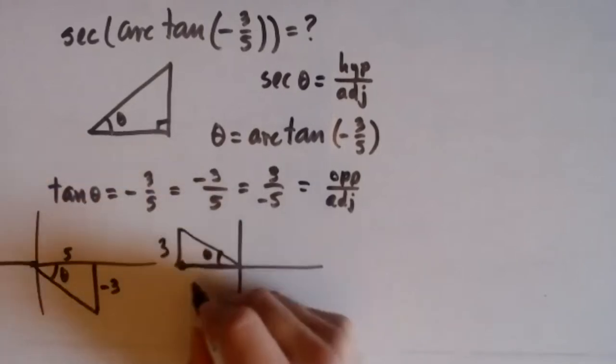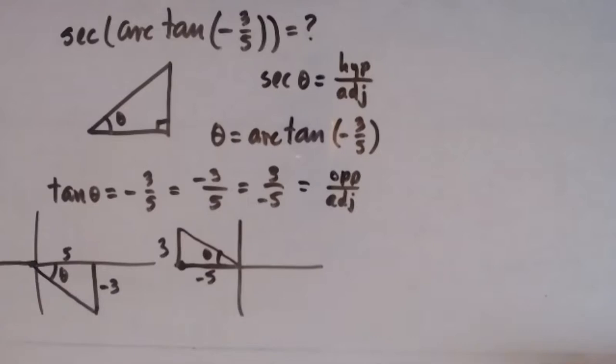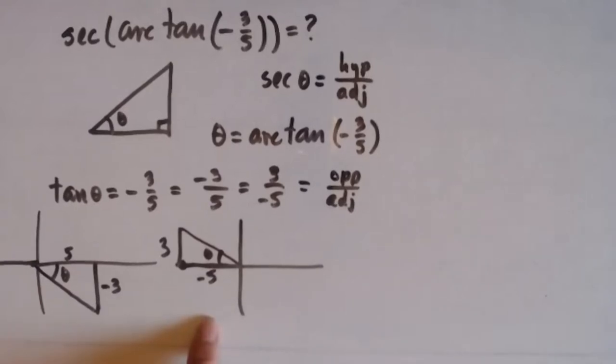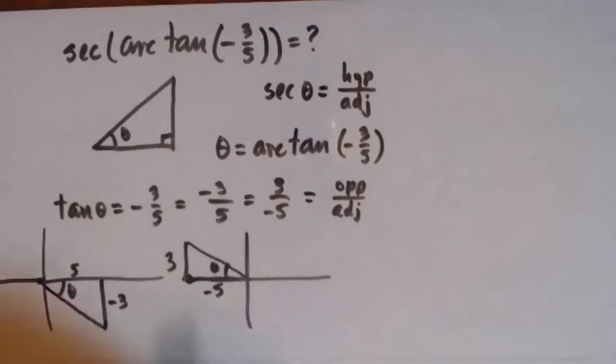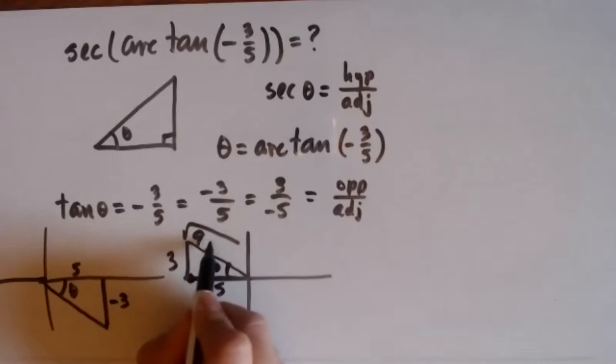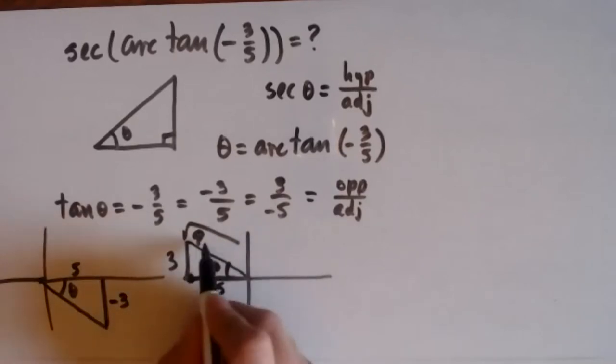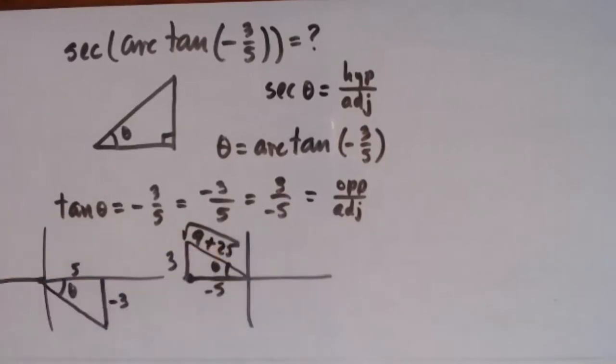So 3, -5. What is the only situation here? The hypotenuse is always positive. If you square this, you have the square root of 9 plus 25, and 9 plus 25 is 34. So this is the square root of 34.